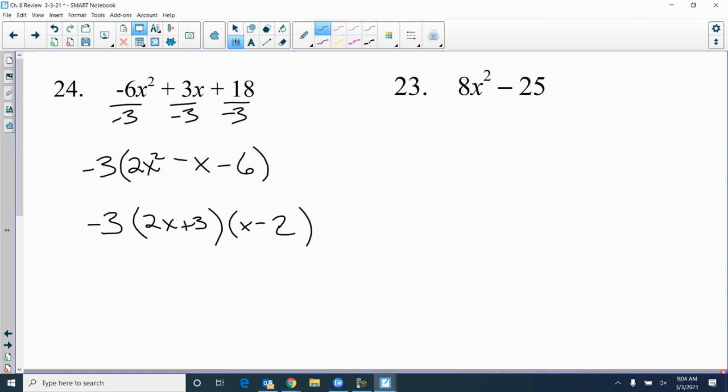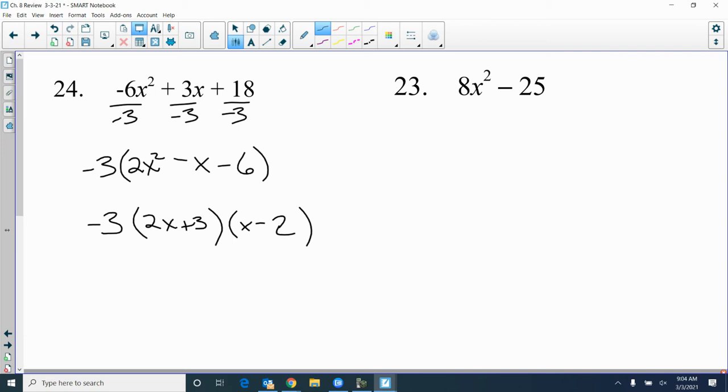Okay, number 23. What do we think? 8x squared minus 25. First thing I always look for is what? GCF. Do I have a greatest common factor here? I do not. I have 2 terms. What should I look for? Morgan?